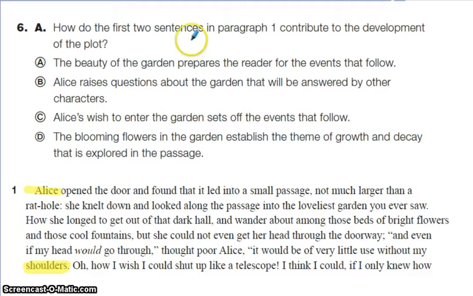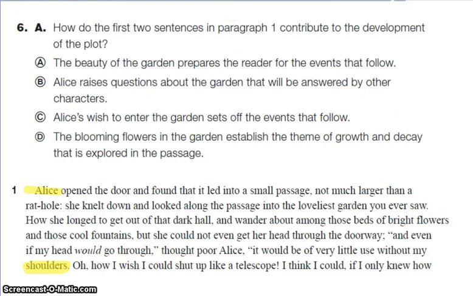And so now I really have to think about, what do I learn about the story? What is going to be the result of these first two sentences? In these first two sentences, I am introduced to Alice. I'm introduced to the fact that she is near a door, and when she opens the door, she sees a garden.